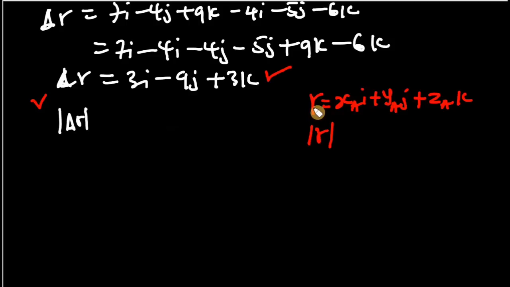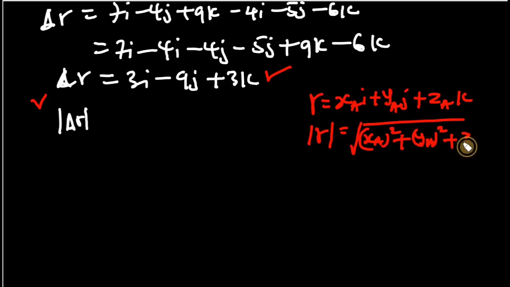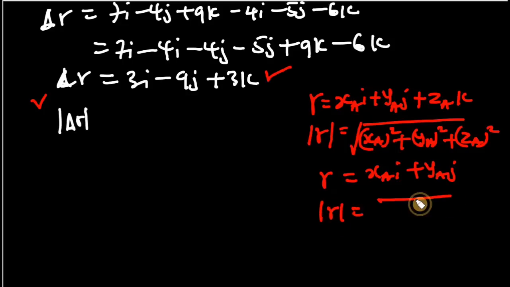But assuming a vector is given as this, to find the magnitude, say this is in 3 dimensions, we have it as the square root of XA square plus YA square plus ZA square. But if it is in 2 dimensions, like R equals XA i plus YA j, the magnitude will be the square root of XA square plus YA square.